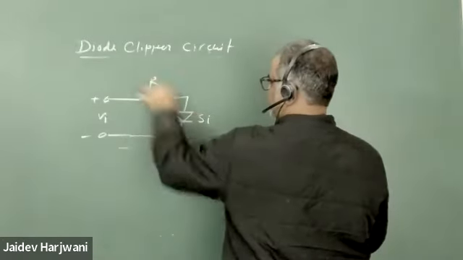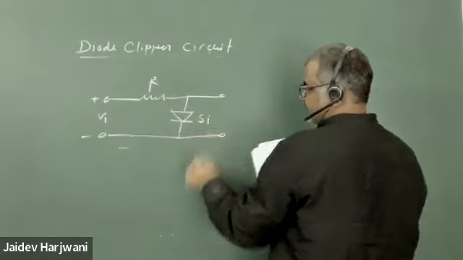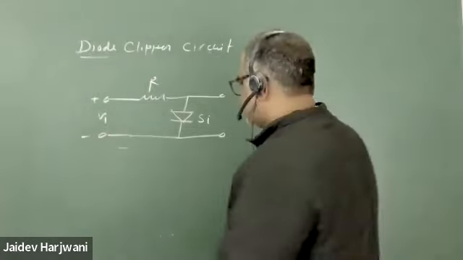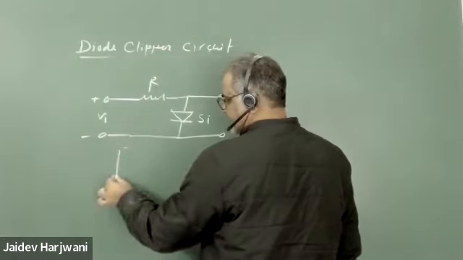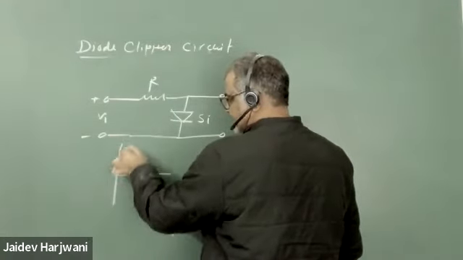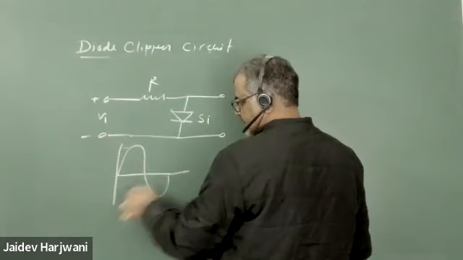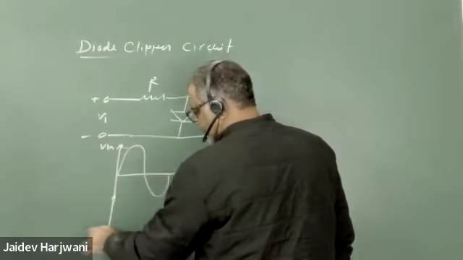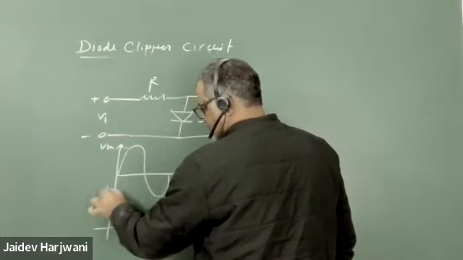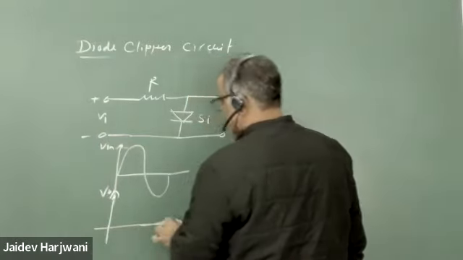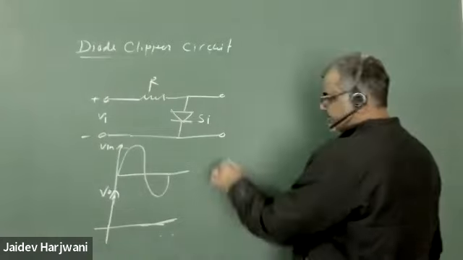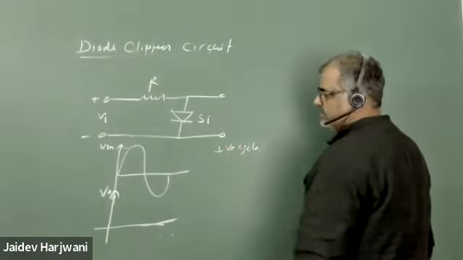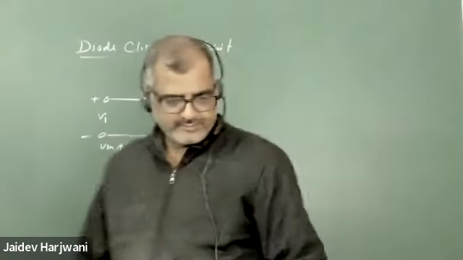And here you have R equals 0. Now suppose a sine wave is coming here. This is your V input. So what will be your V output? For the positive cycle, how to plot?